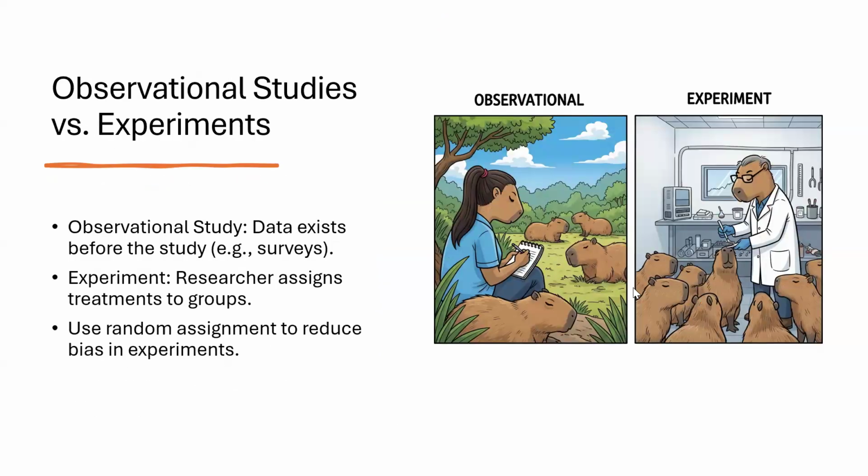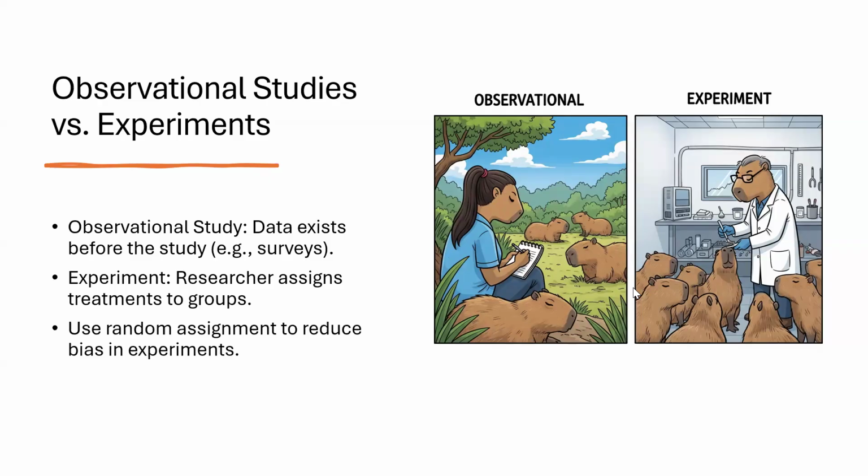It's crucial to distinguish between observational studies and experiments. In an observational study, researchers don't interfere. They simply observe what already happens. Think surveys, interviews, or watching how long students stay in the library. In contrast, experiments assign treatments, like giving one group of students a study aid and another group a placebo, and then measure the effects.